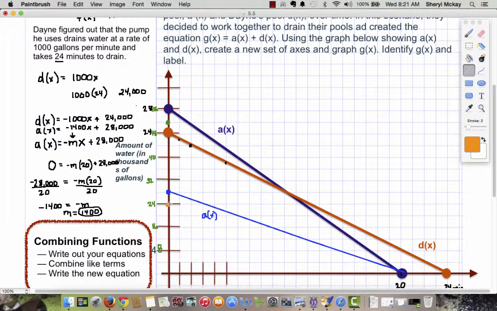This is going to be even harder. Try to connect the two. All right, there we go. That's the best I can do with my free hand there. So there's, and that is d of x.